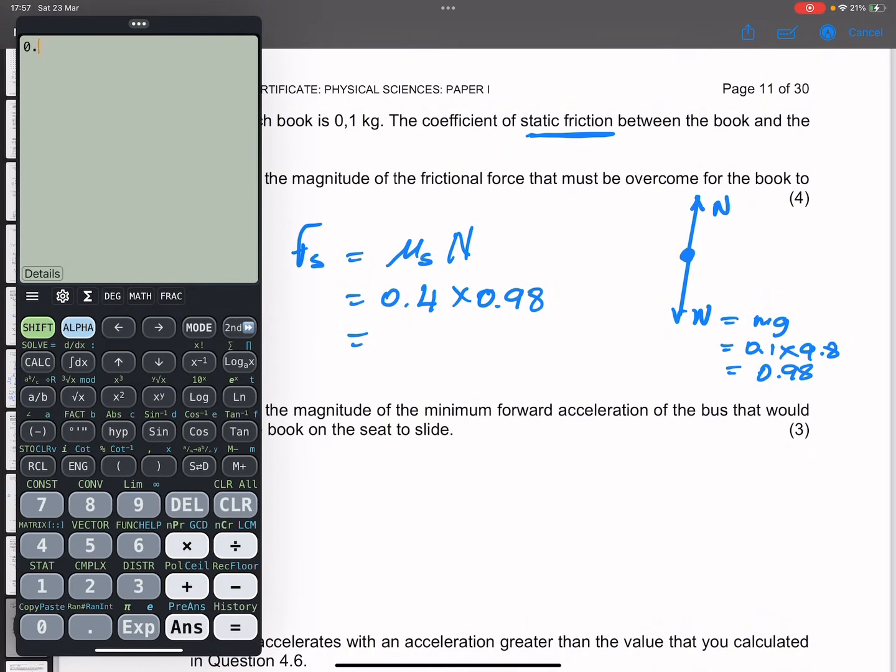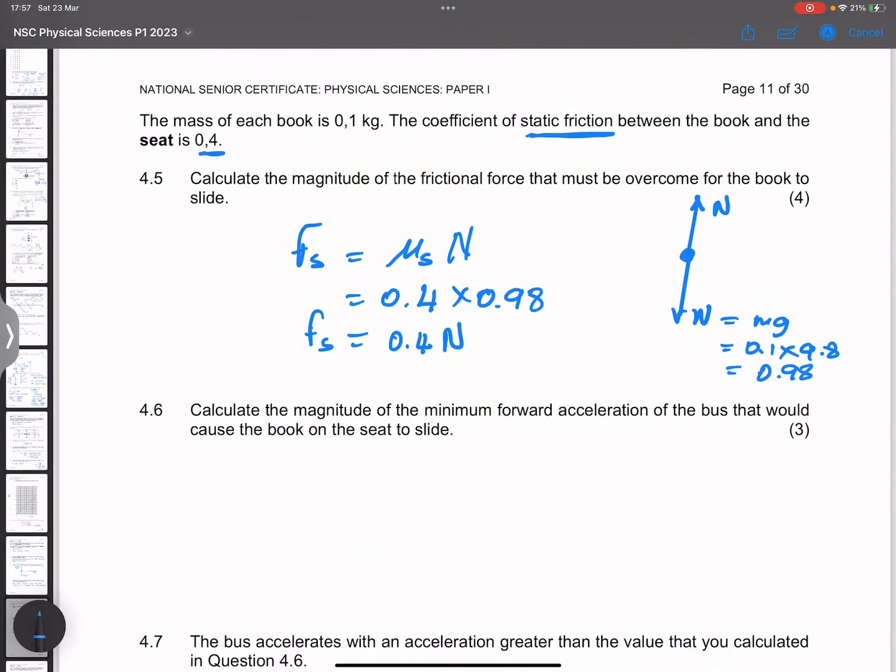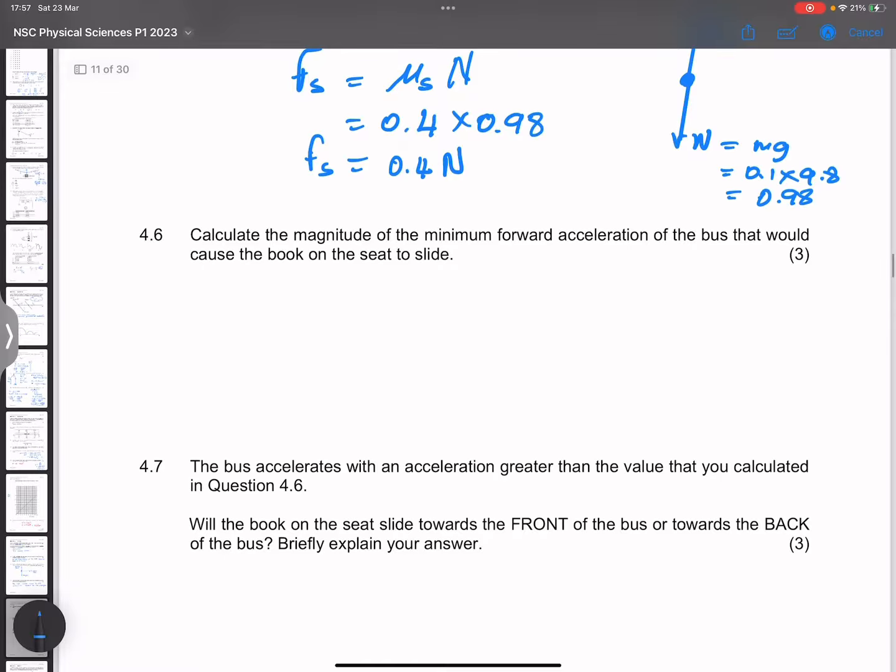We say 0.4 multiplied by 0.98, and you will get 0.4. So our static frictional force would be 0.4 newtons.